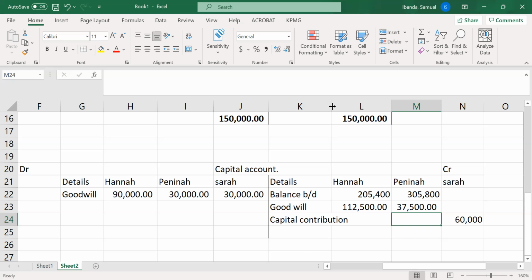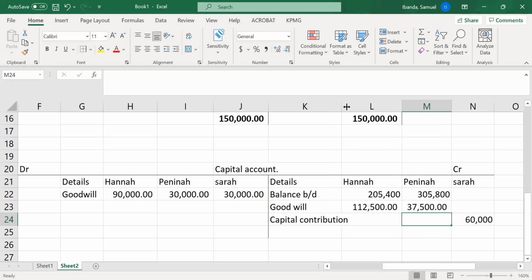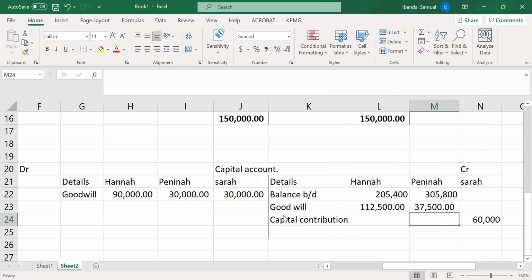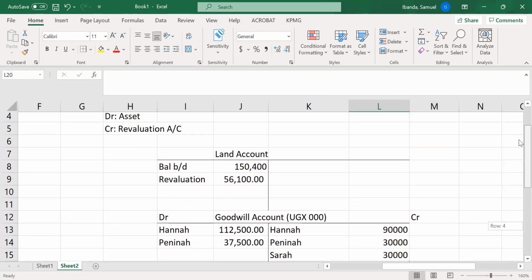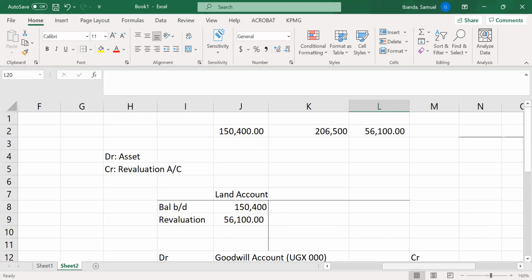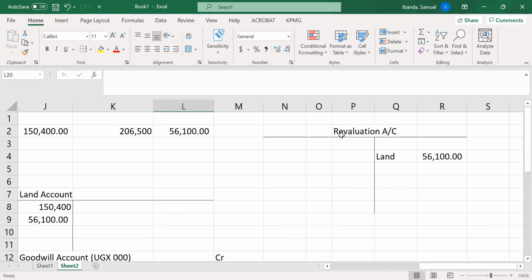Now, one of the things that you also understand is that whenever we have a revaluation, you saw our revaluation account. After you have looked at your revaluation account and balanced it off, you get your so-called revaluation gain, the balancing figure on this account.